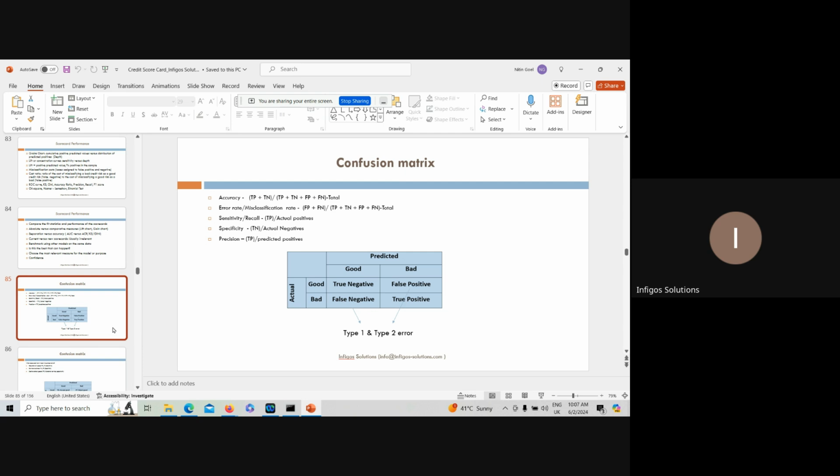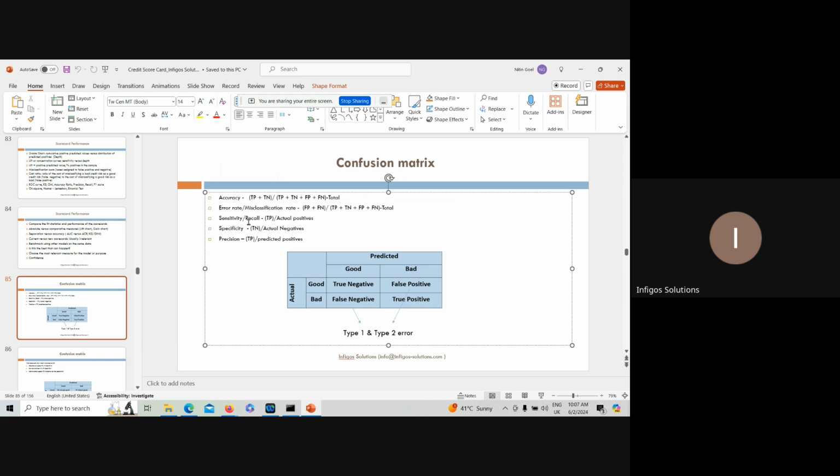Then you have the confusion matrix. Confusion matrix has accuracy. This is the right formula in all situations, in case you are confused between cap accuracy and confusion matrix accuracy, because this is widely used. Then you have error rate. Error rate is 1 minus accuracy.